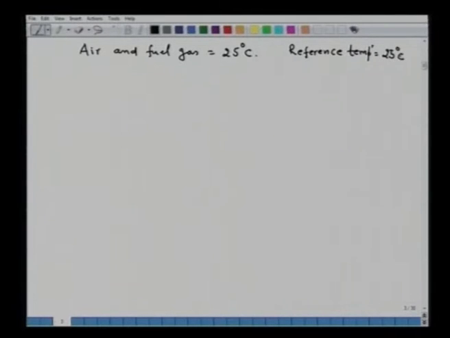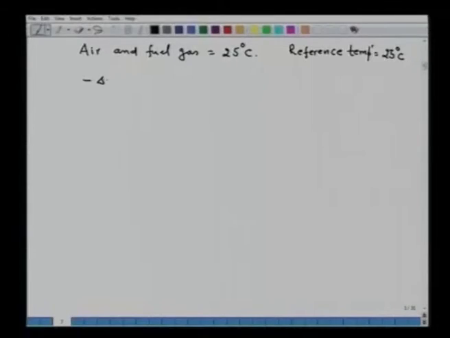So therefore the sensible heat supplied by air and fuel is 0 in the present problem. Now we have to calculate the heat of combustion, and as you know how to calculate, I have illustrated earlier. So straight away I am calculating, because it is an exothermic reaction.